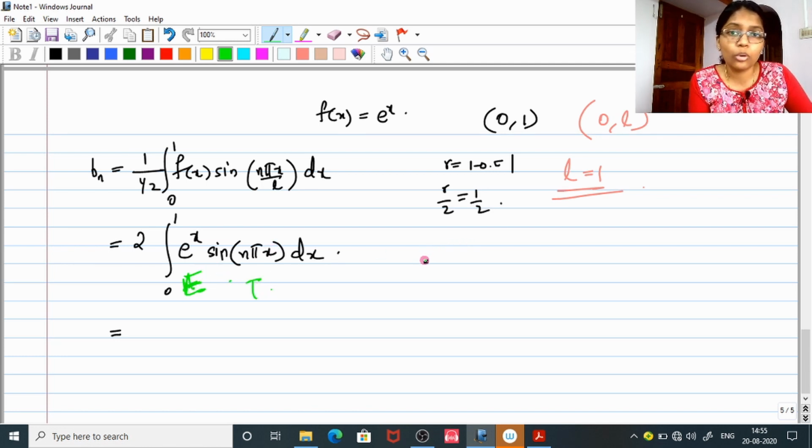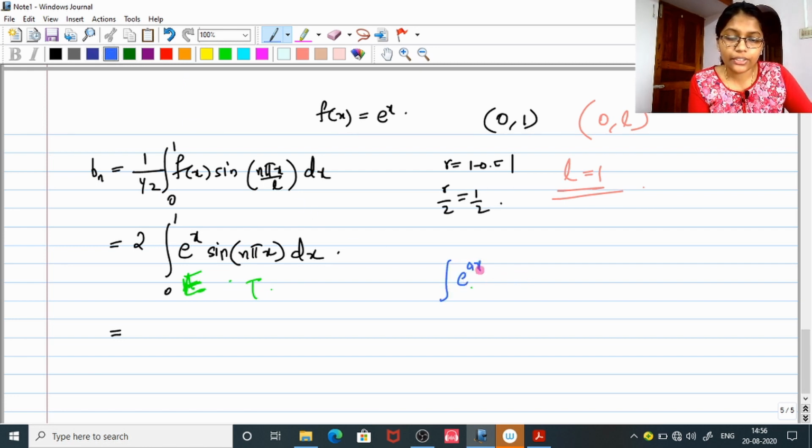Table method is only for combinations like algebra and trigonometry, and algebra and exponential. Exponential and trigonometry we cannot do with the table method. If exponential and trigonometry is coming, there are two formulas to learn by heart.